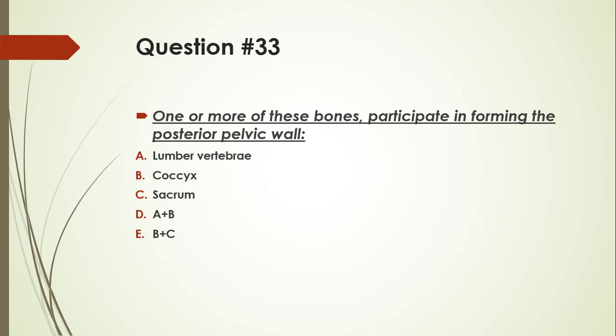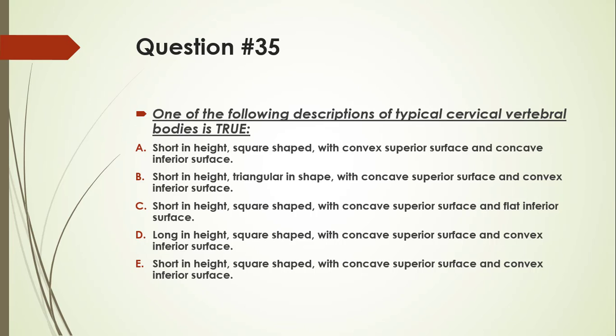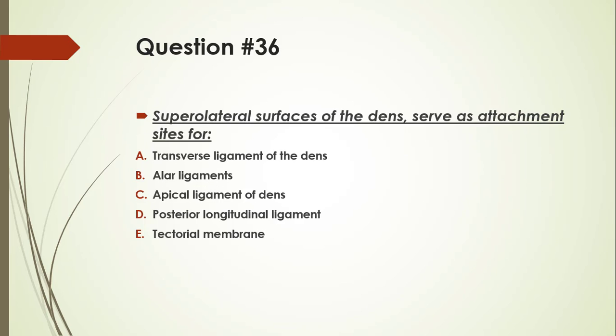One or more of these bones participate in forming the posterior pelvic wall. 34. Transverse processes of cervical 1 act as levers for muscle action that move the head at what joint? 35. One of the following descriptions of typical cervical vertebral bodies is true. 36.